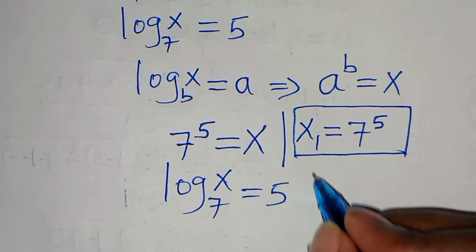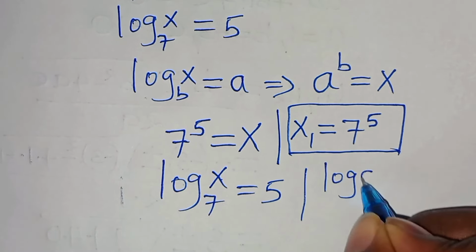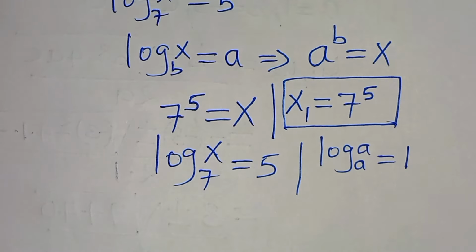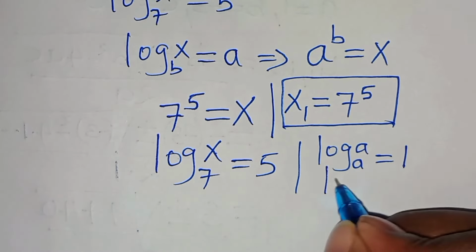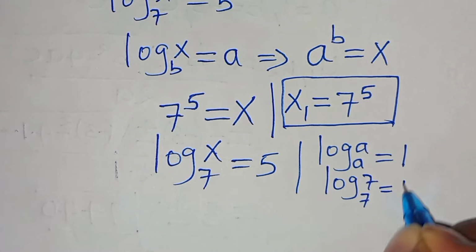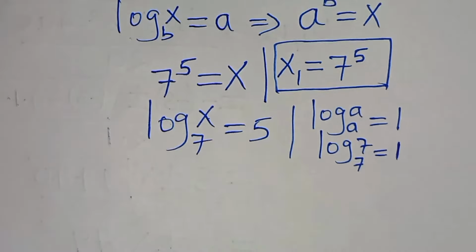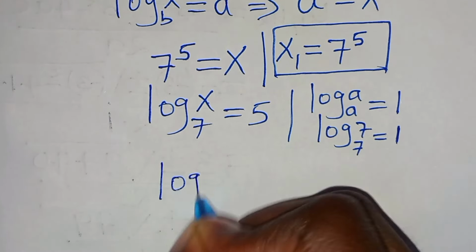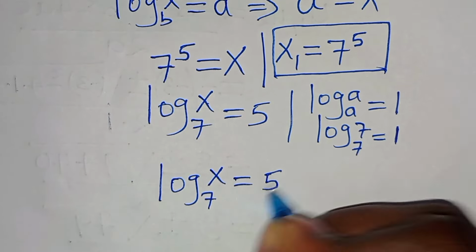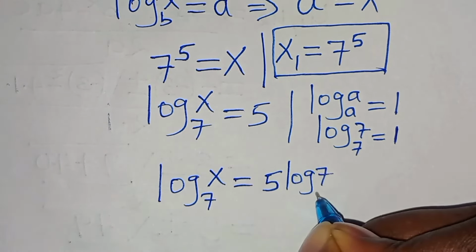So now, given that log a to base a is the same thing as 1, from here we can have log 7 to base 7, and this is the same thing as 1. So therefore, here we have log x to base 7 equal to 5 log 7 to base 7.